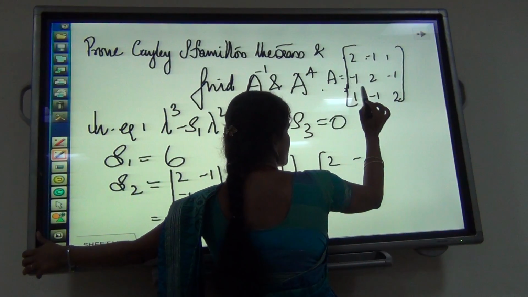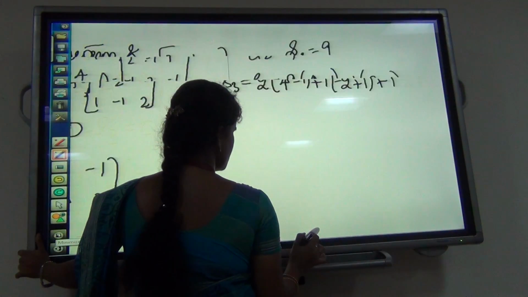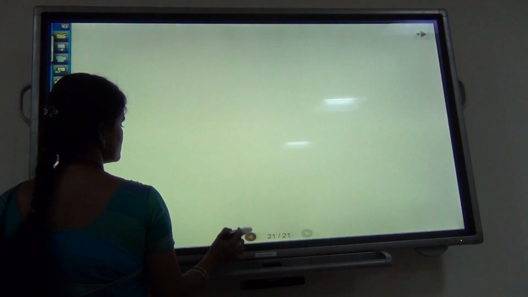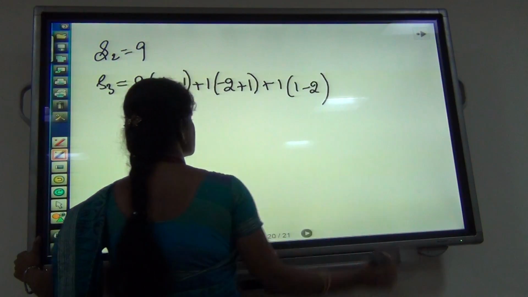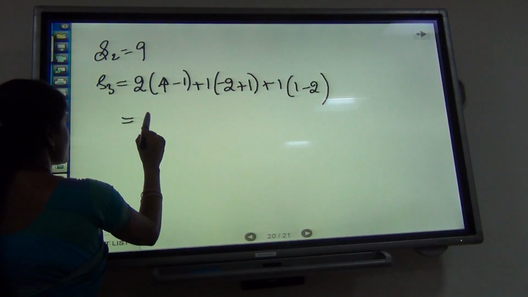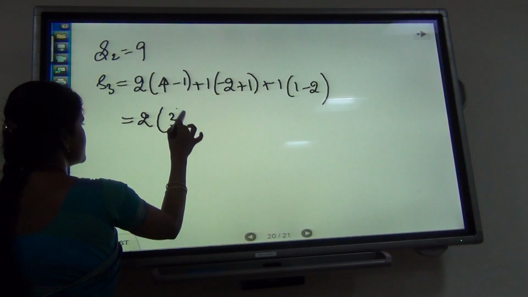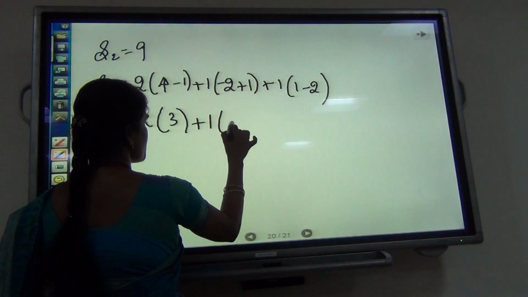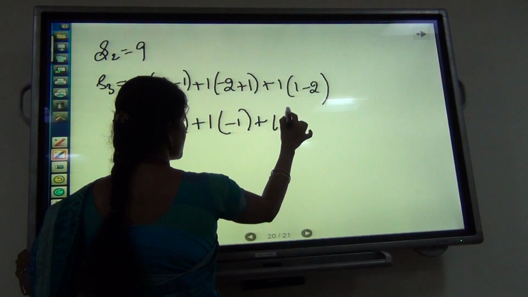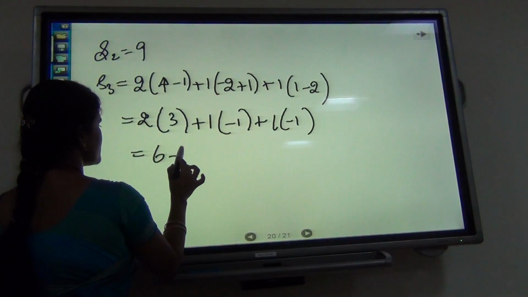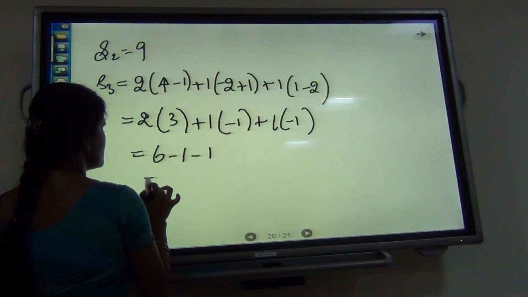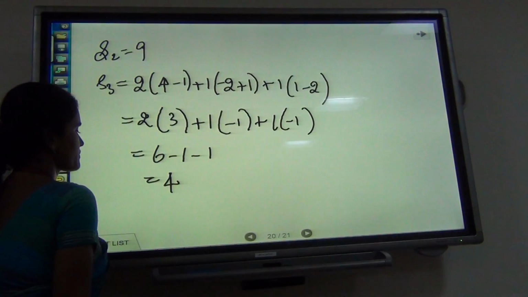If you take that out, we get 1 minus 2. So let us check what the sum is: 2 into 3 plus 1 minus 1 plus 1 into minus 1. So it is 6 minus 1 minus 1. We get it as 4.